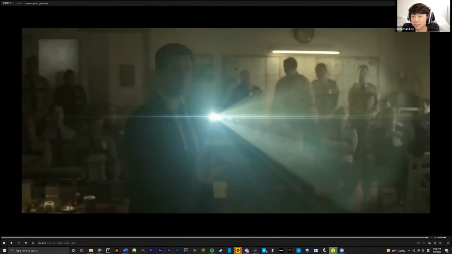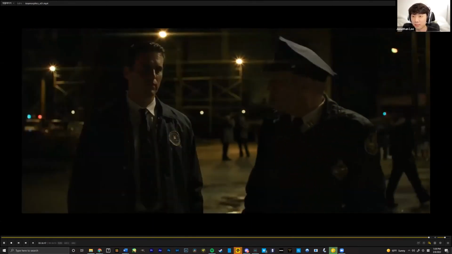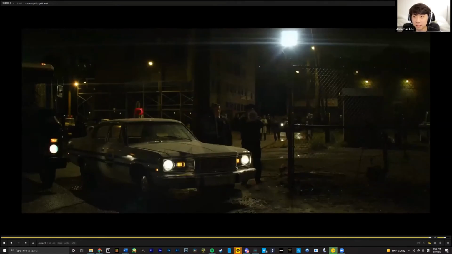Or you can go the David Fincher route and just do everything in post. Like Mindhunter, was shot on a spherical and they just added everything in post.